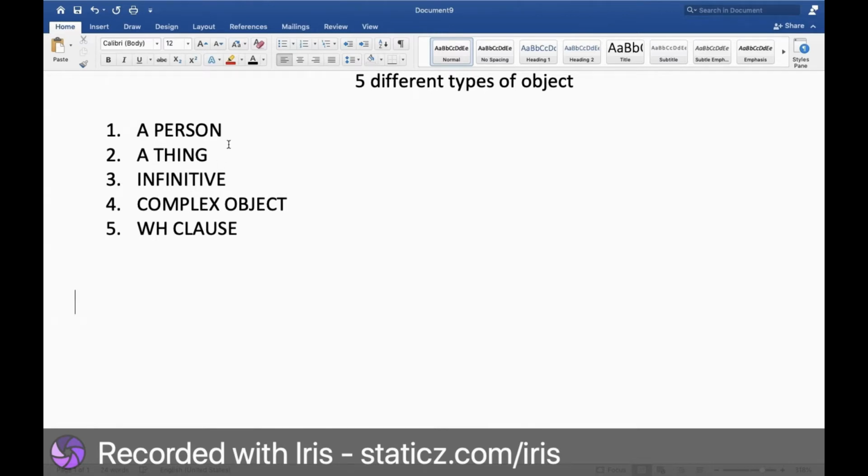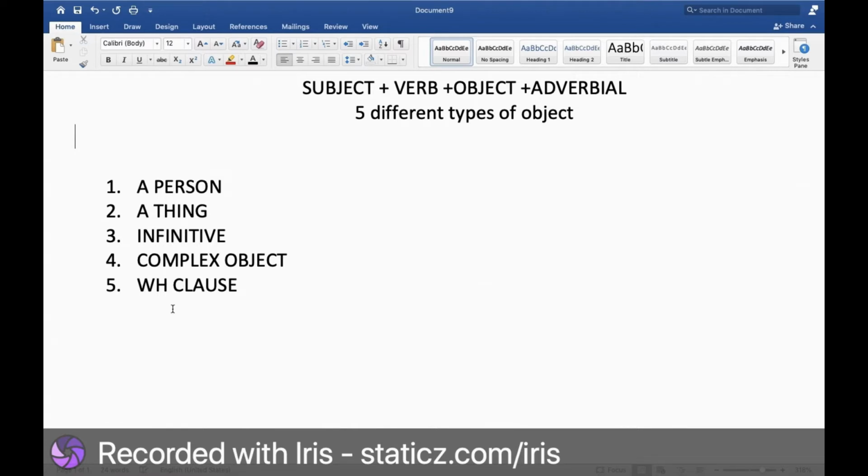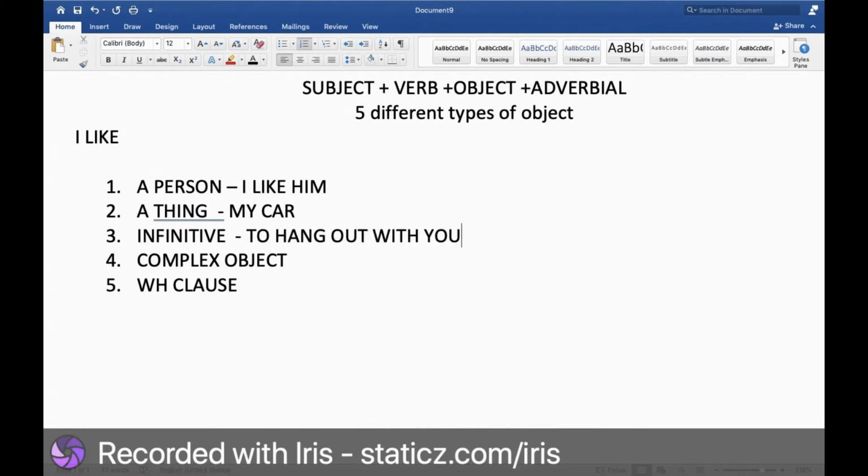When it comes to a person, for example, I like him. I like my car. I like to hang out with you. It's an infinitive construction.